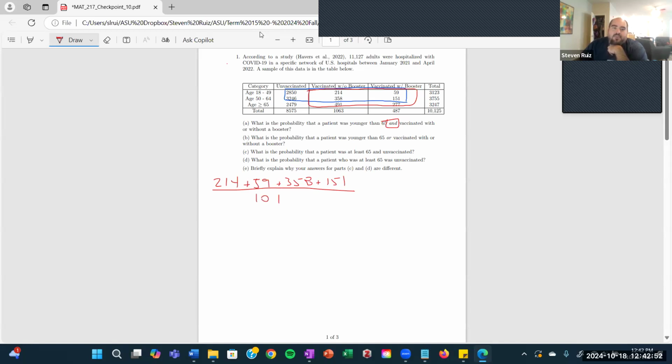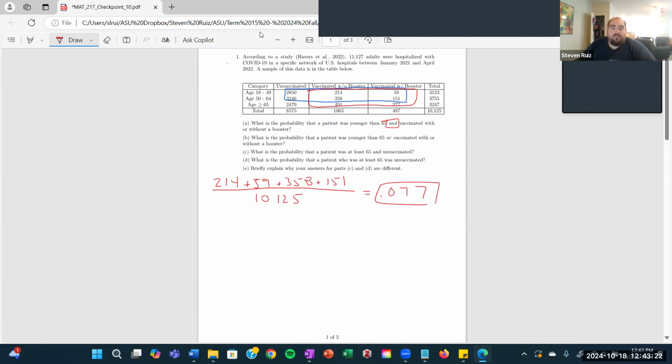That is 10,125, which I'm getting from the very lower right corner there. So, quick calculation: 214 plus 59 plus 358 plus 151 divided by 10125. I am getting a probability of 0.077.